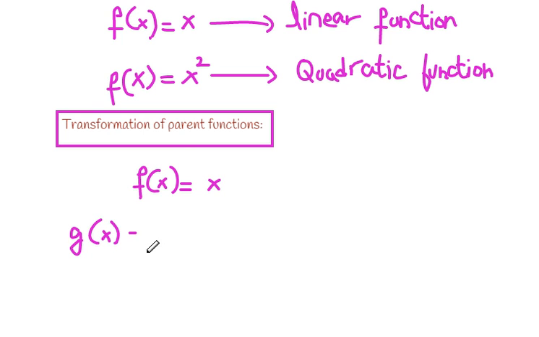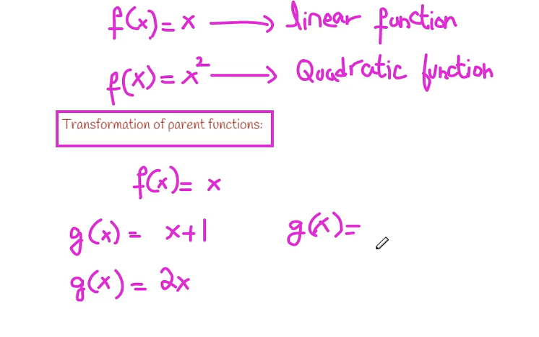It can be g of x equal x plus 1. What I did here is just add 1. Another thing I can do is, instead of adding 1, multiply by some number, say 2x. This is also changing the original parent function, which was f of x equal x. So I can have another function, g of x equals 1 by 3 x. These are the different transformations on the parent function.